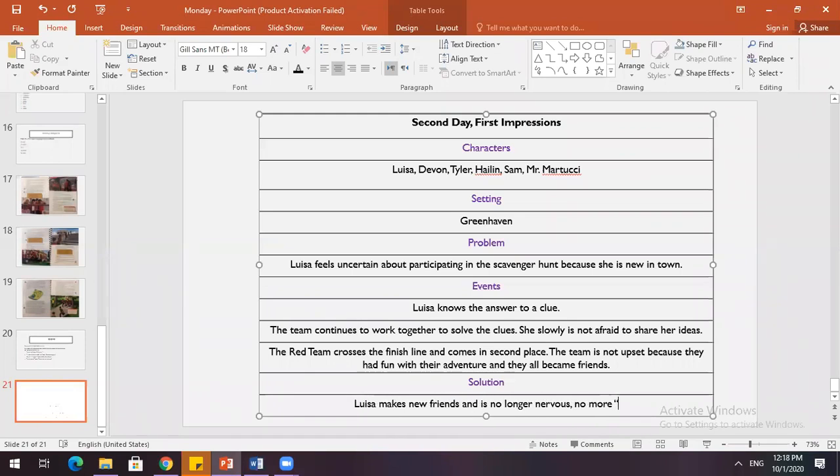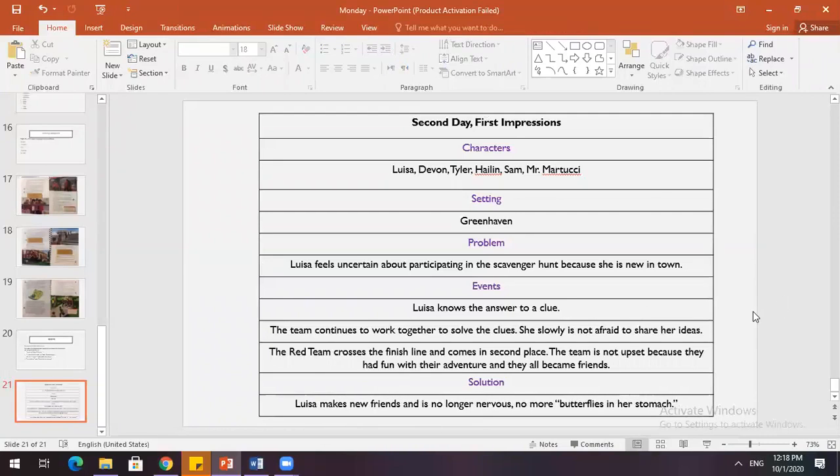No more butterflies in her stomach. What did we say the idiom butterflies in her stomach means, Abdurrahman? That she was nervous. Okay, so she's no longer nervous. So this is just a quick concept map for you guys to summarize the events.